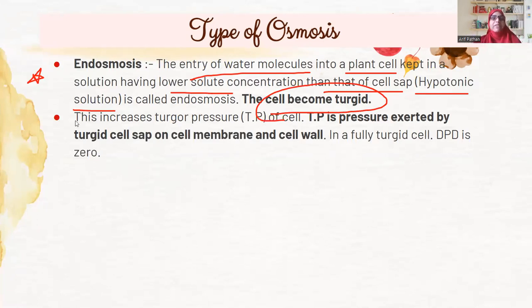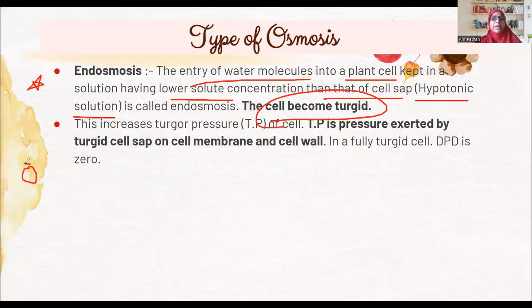Say you have the cell, this is the plasma membrane and this is the cell wall. When the cell is swelling, a pressure is created on the cell membrane and on the cell wall. When something swells, for example, when you put on extra weight over a period of time, you feel your body has become heavy and it is difficult to move around or exercise.